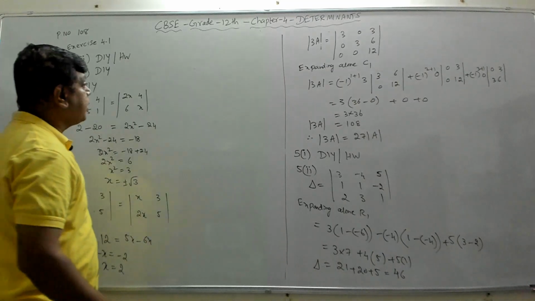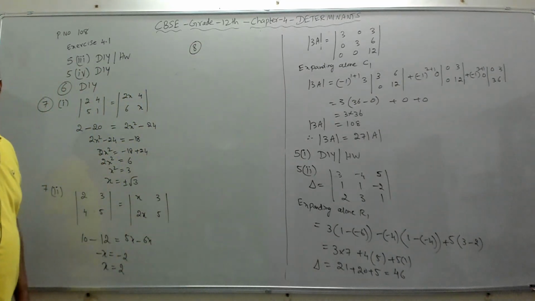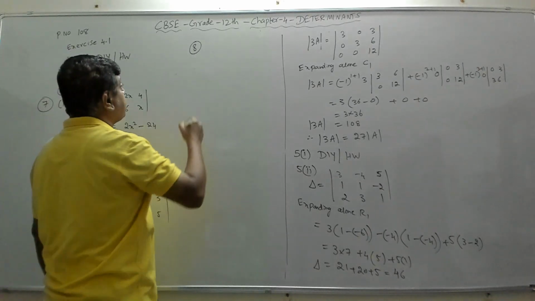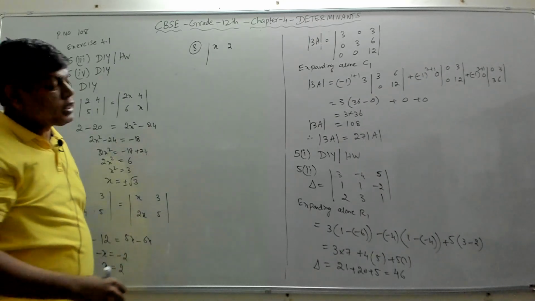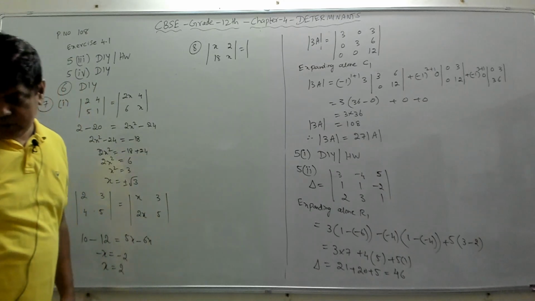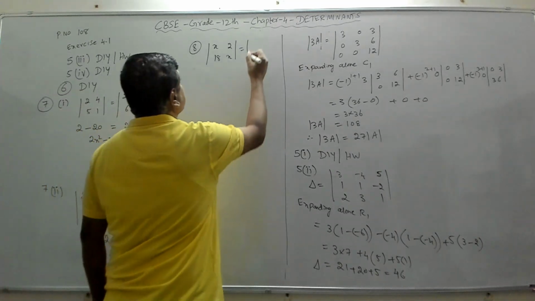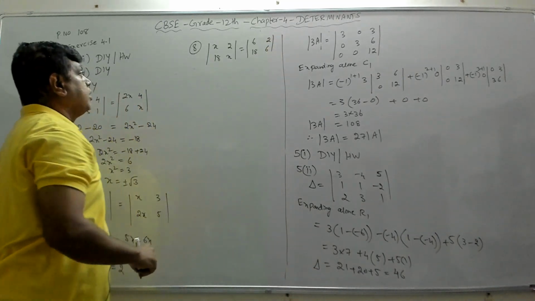Fine. Then the 8th problem. I will try to do it here. The determinant of the same type. You have to find the value of x. It's an MCQ where you have to find the value of x. So the determinant of x, 18, 2, x equal to the determinant of 6, 18, 2, 6. Now let's try to do.